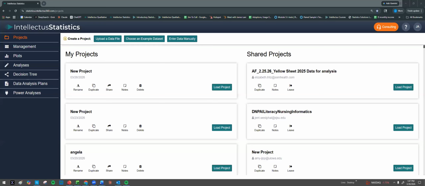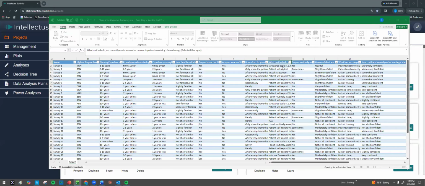I sent my Excel spreadsheet with my data because I tried to use Intellectus and I had the result, but it seems like you answered some of the question. If you don't mind, just upload my sheet, and then I'll show you something because I was trying to clean up the wizard.